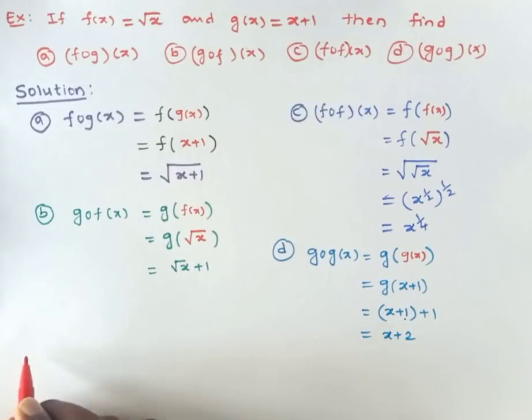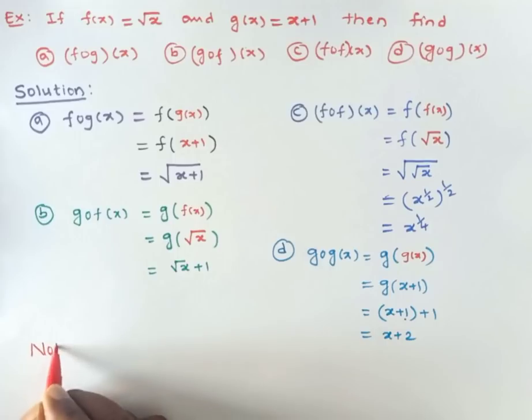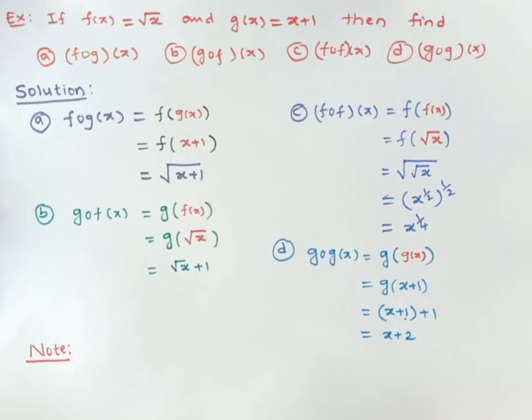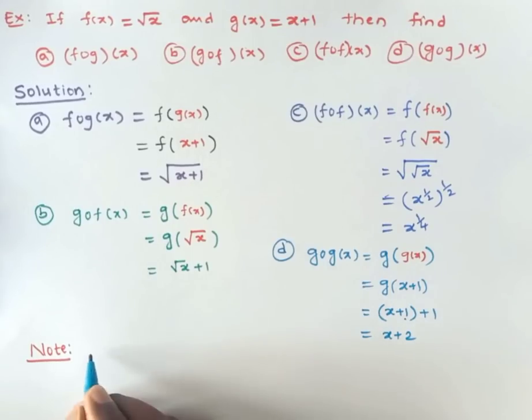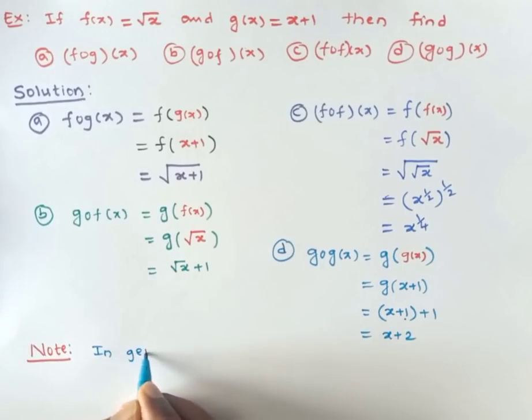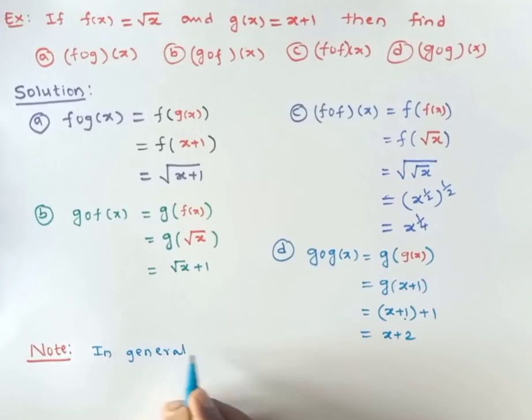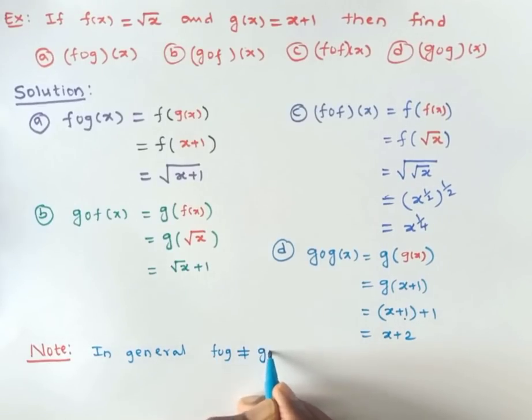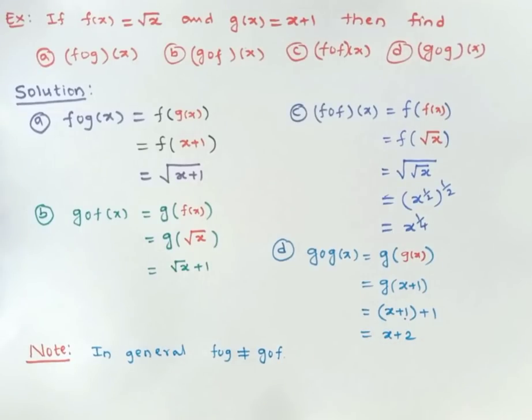Now here you can write one note by using the first two problems. In general, f circle g is not equal to g circle f. There are some exceptional cases, but in general f circle g is not equal to g circle f.